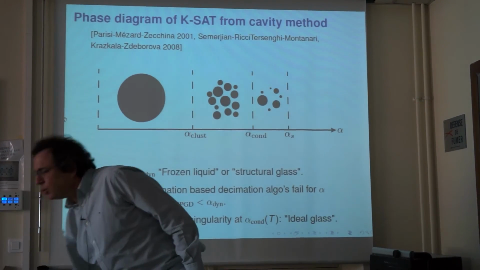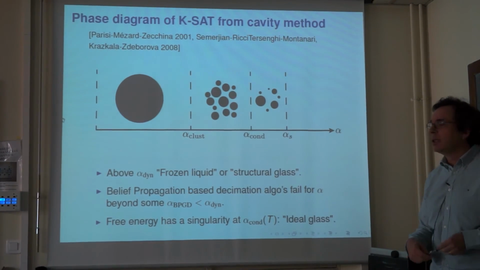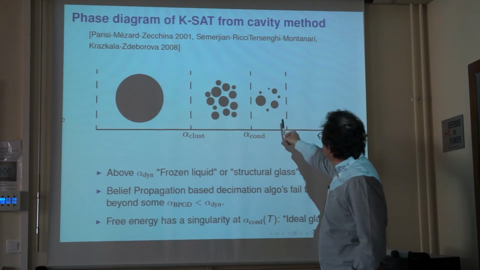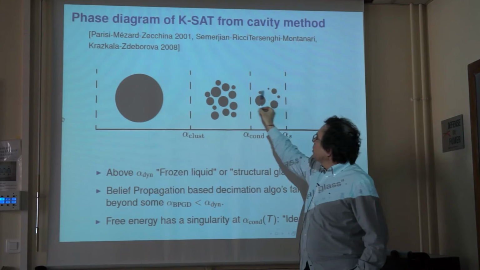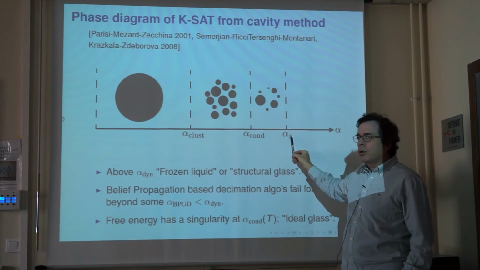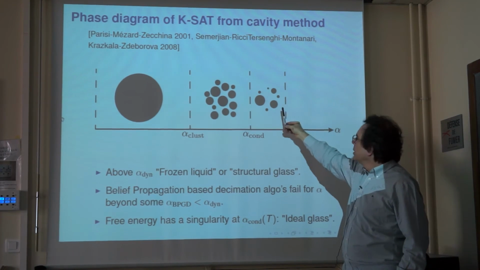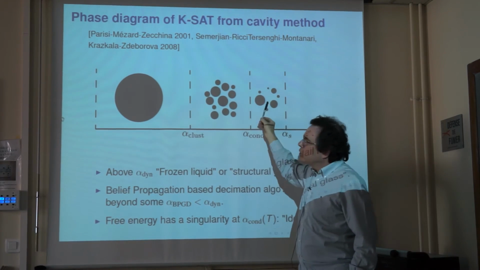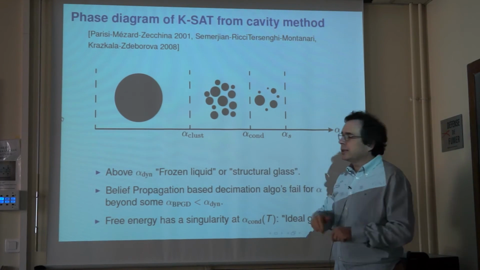So for K-SAT, you have these phase diagrams that are much more complicated than in coding. You have many phase transitions. You have an unsat phase transition where below the unsat threshold you have solutions, and above you don't have solutions. But even in the space where you have solutions, the solutions are organized in some funny way in the Hamming space.